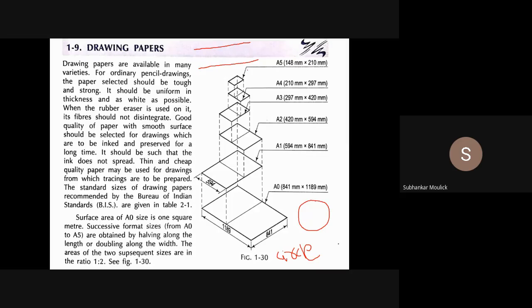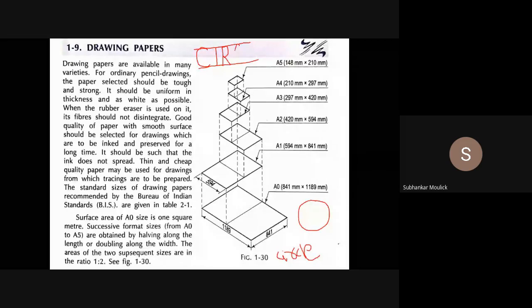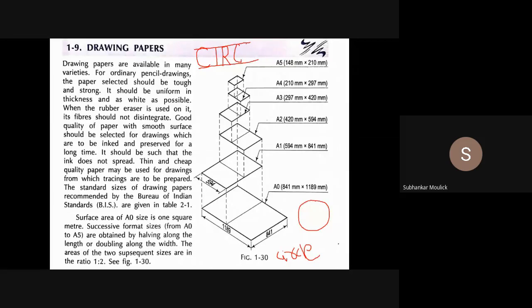Then in between these two lines, you have to write C, I, R, C, L, E. Everything in capital letters. Cursive is not allowed.